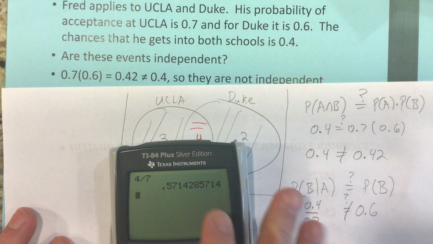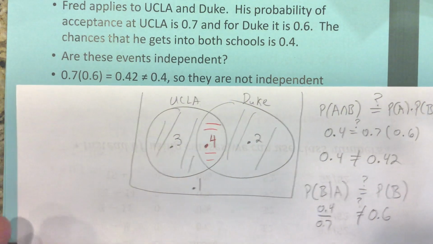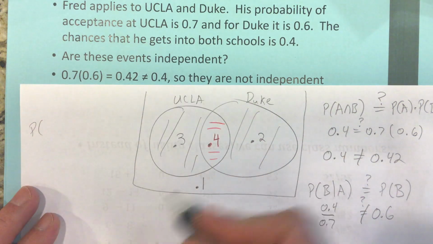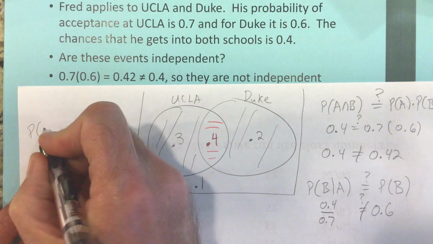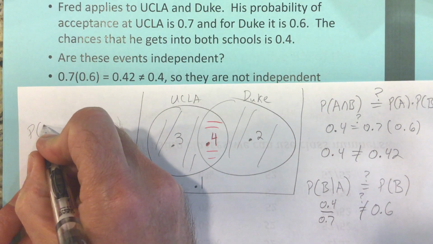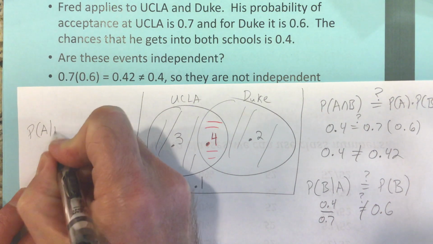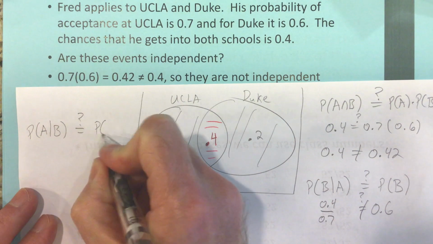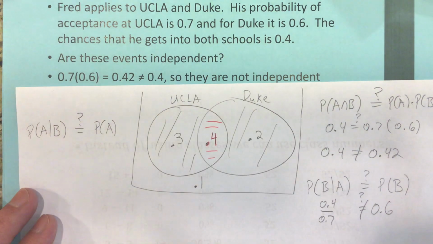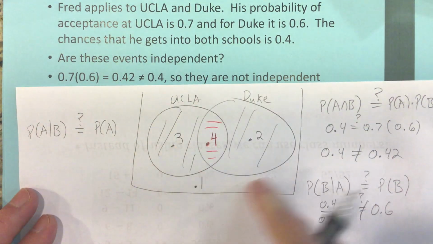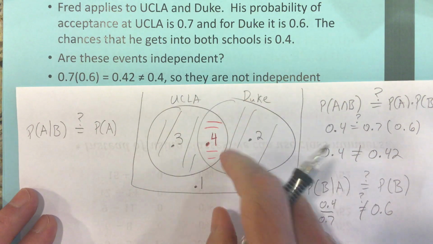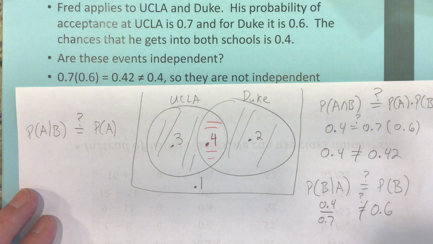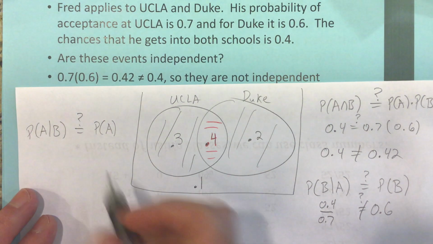Okay, they're dependent. Let's do it the other way, just to illustrate, because you have to know how to do it depending on what's given. Sometimes you don't have all the information. So probability of A given B, does that equal the probability of A? If Fred is accepted at Duke, knowing that information, would that change the chances of getting into UCLA?